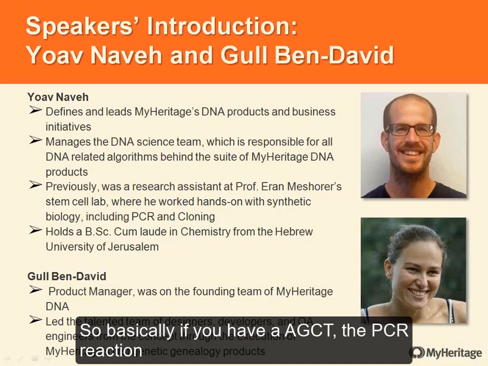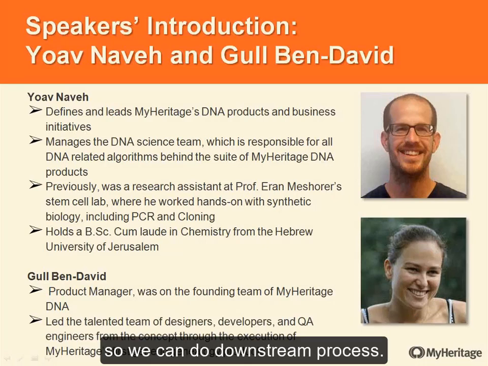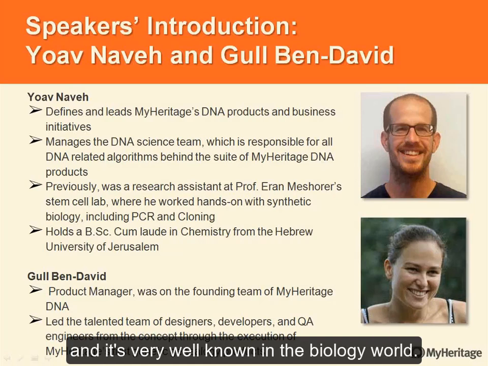So basically, if you have an AGCT, the PCR reaction will make a million AGCTs, and then we have enough signal so we can do downstream processes. This is something that's in every lab, and it's very well known in the biology world.